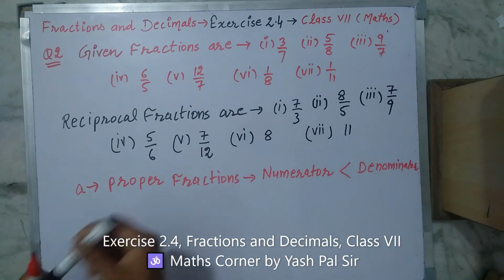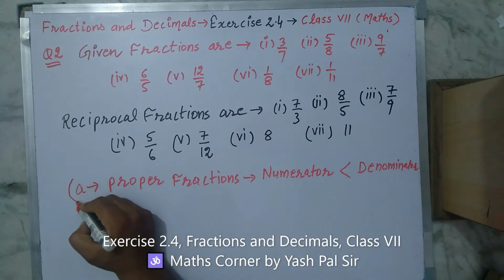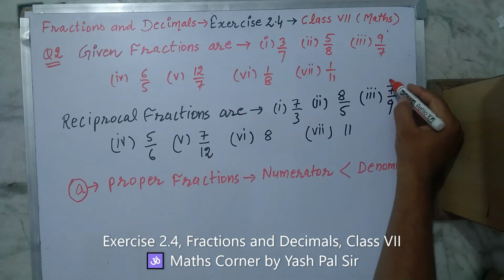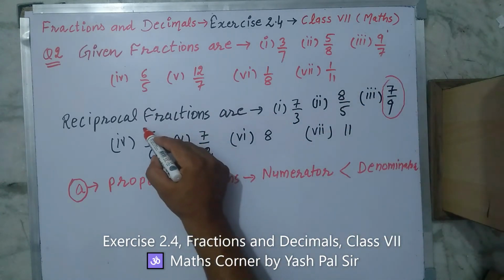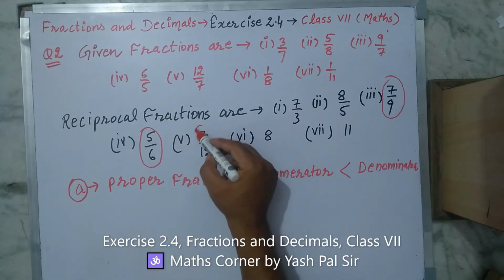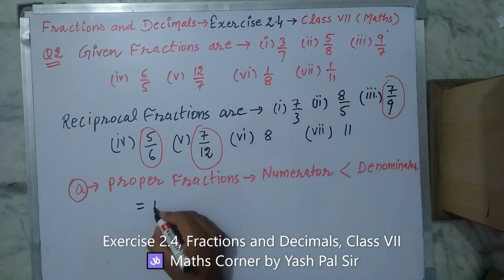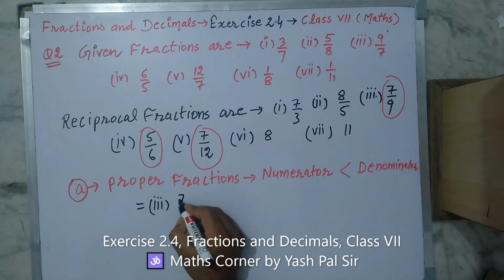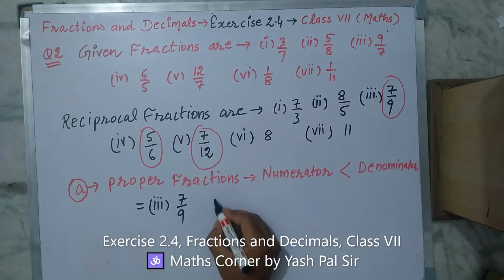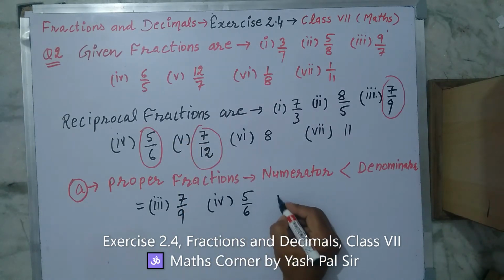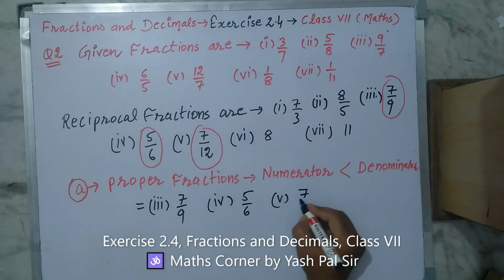So search the fractions among the reciprocal fractions. They are 7 upon 9, 5 upon 6, 7 upon 12. So what is the answer? The third part 7 upon 9, the fourth part 5 upon 6, the fifth part 7 upon 12.